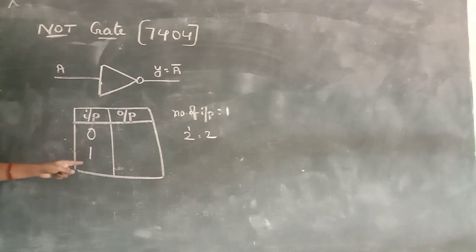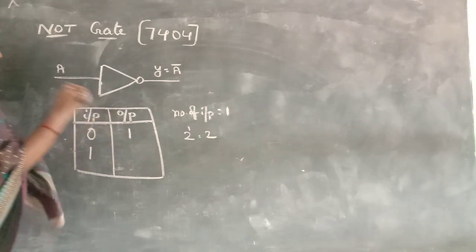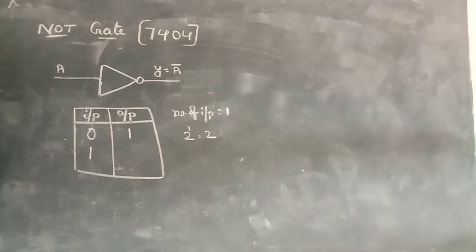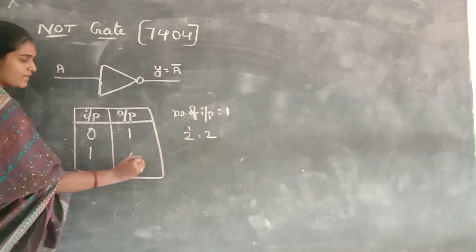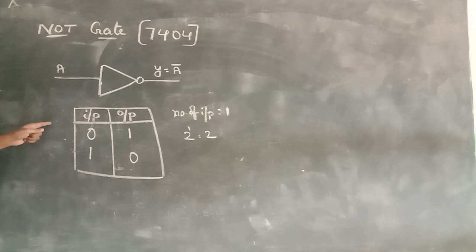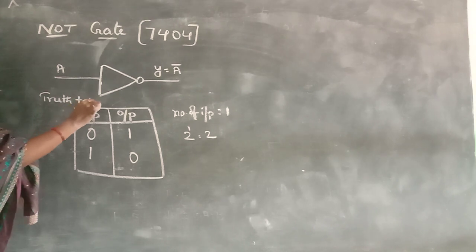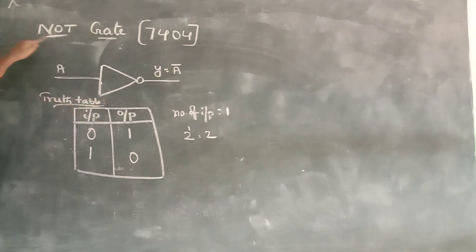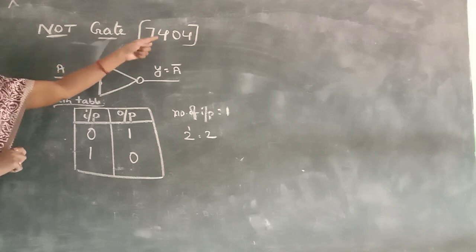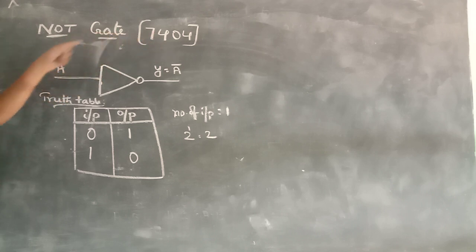When you give 0 as input, we get 1 as the output. And when you give 1 as input, we get 0 as the output. This is the schematic symbol and truth table of the NOT gate. The IC number is 7404.